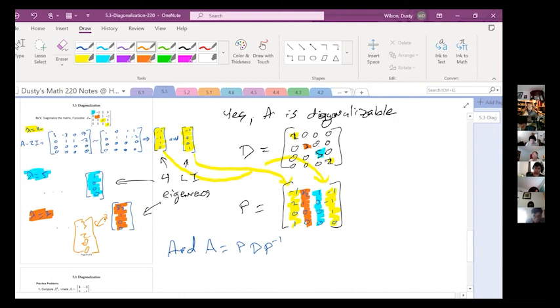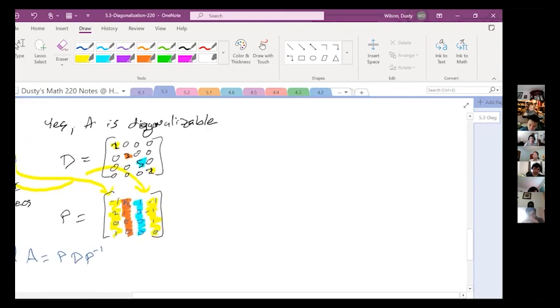One last comment, if I may, on diagonalizable. We've learned why we like this because of powers of matrices. So I'd like to briefly tie this back to the Markov chain stability stuff that we were talking about in the videos.